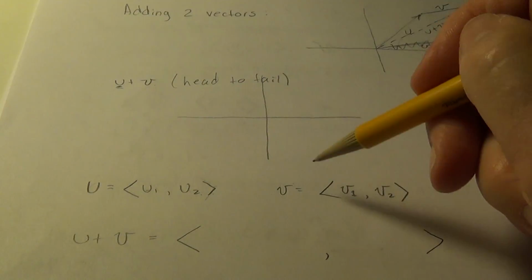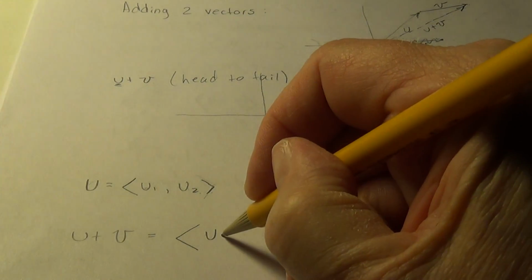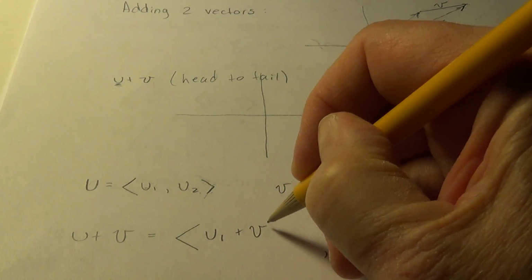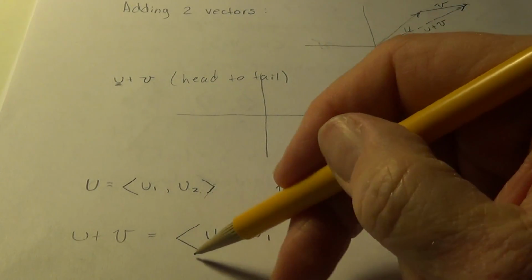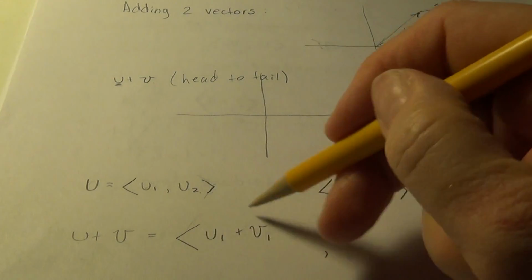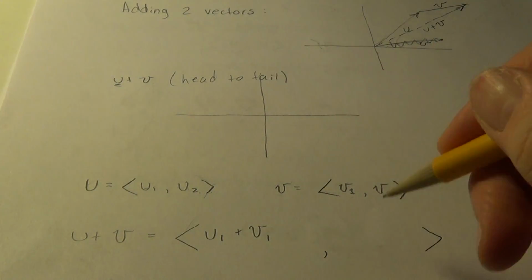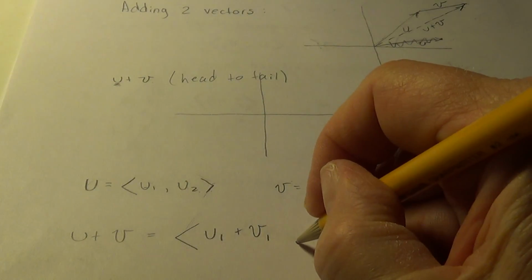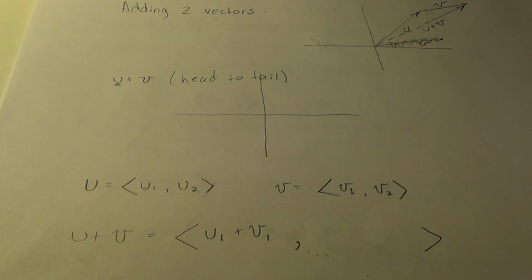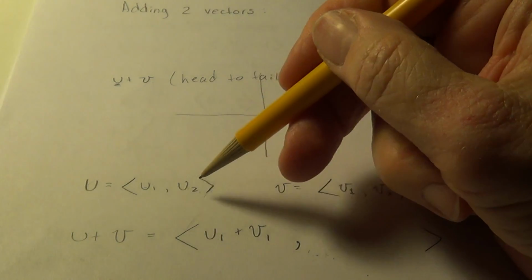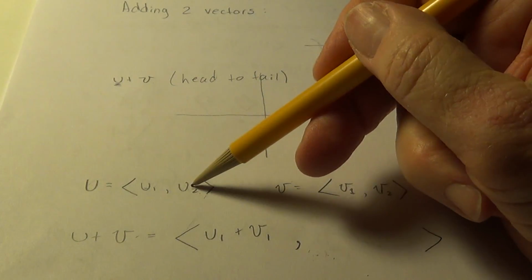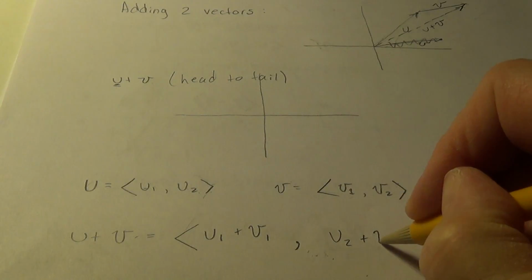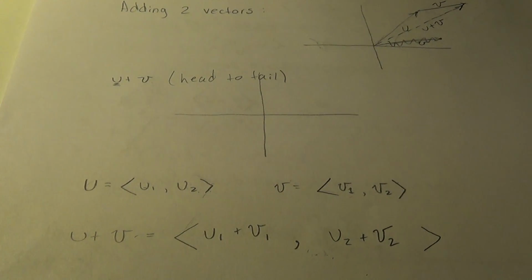All we have to do is add the x components, so u1 plus v1. That will give us our new component on the addition vector, comma. Let me move this comma so we can see it relates, and then the y component of the sum of the two vectors will be just adding the y components of the individual vectors.